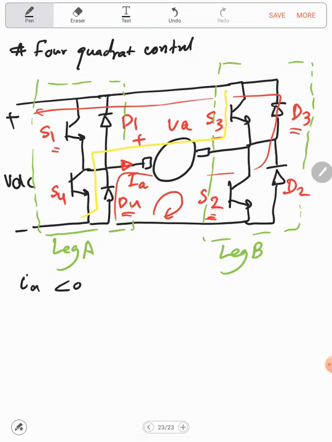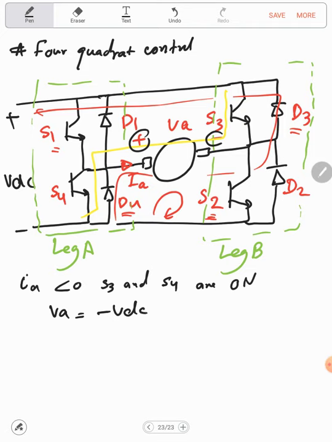So simply here, S3 and S4 are on. So VA equal to what? Now VA, this is the positive sense. It's connected to the negative, so minus VDC.